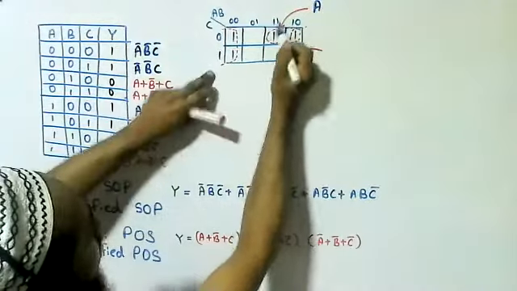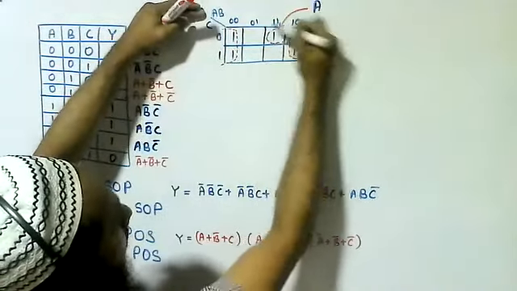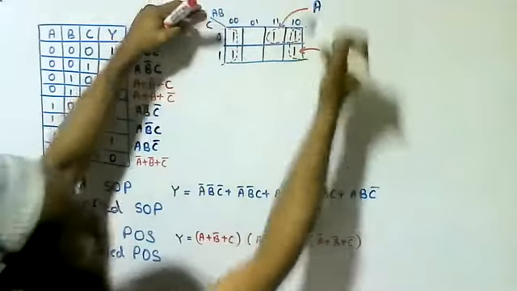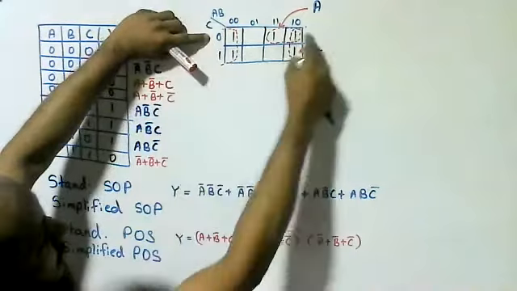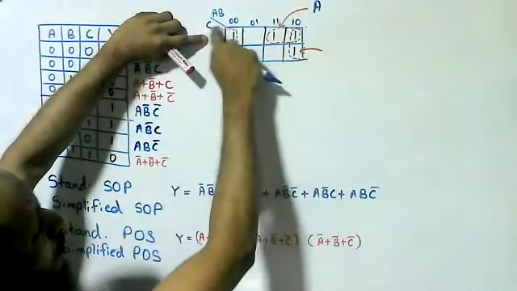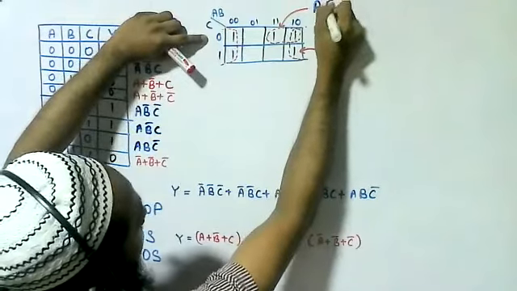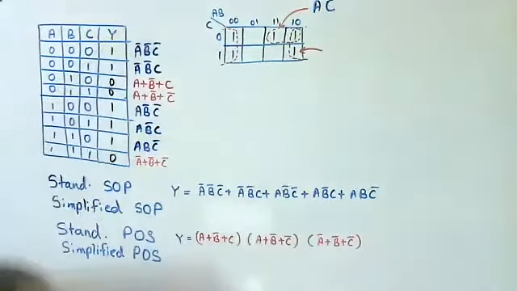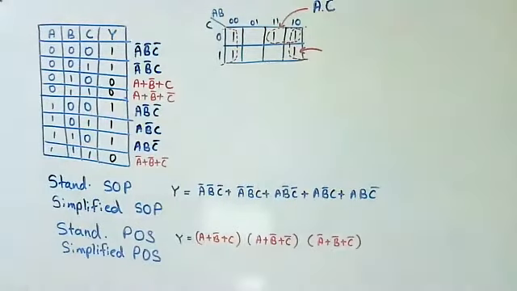If there is 0, we have to take A bar. Within this group, the value of A is 1, so we have to take A. If we consider C, within this group the value of C is always 0. So we have to take C bar.